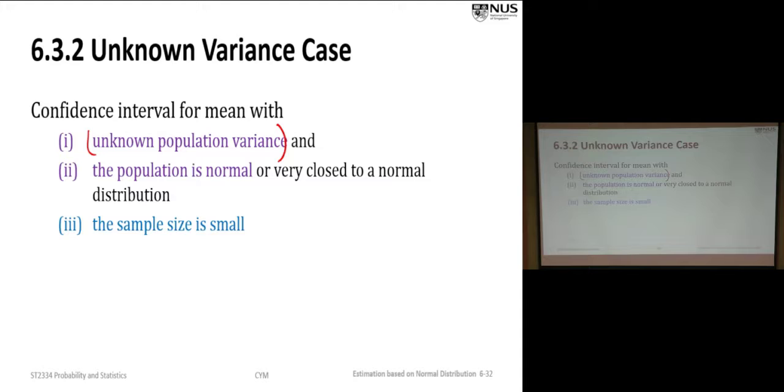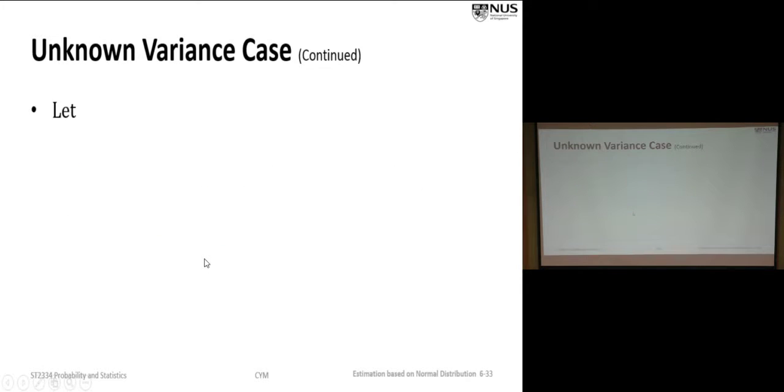So again, if the population is normal or close to normal, but the sample size is small, we use this test statistic. Compared with the previous one, we had a formula like that because sigma is known.